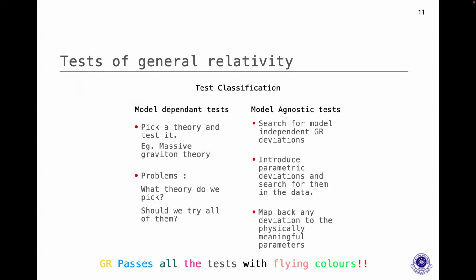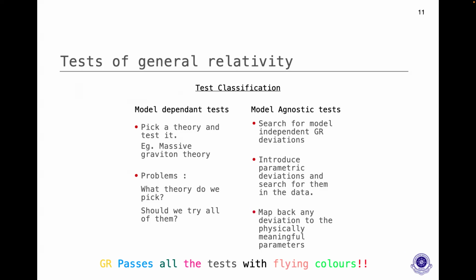And the second thing is the model agnostic test. So we have a GR waveform model. What we can do is add ad hoc deviation parameters in those waveform models. We compare that modified waveform model to our data and can put bounds on those deviation parameters.